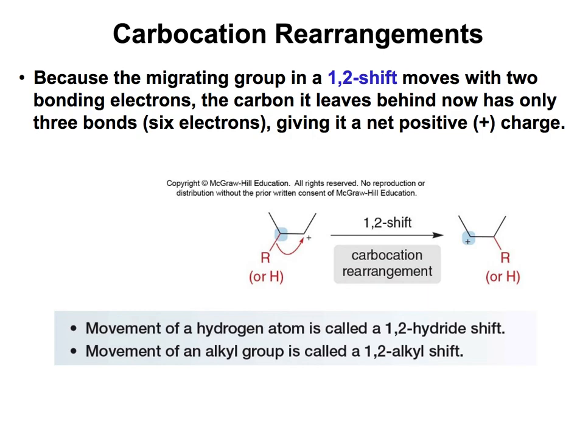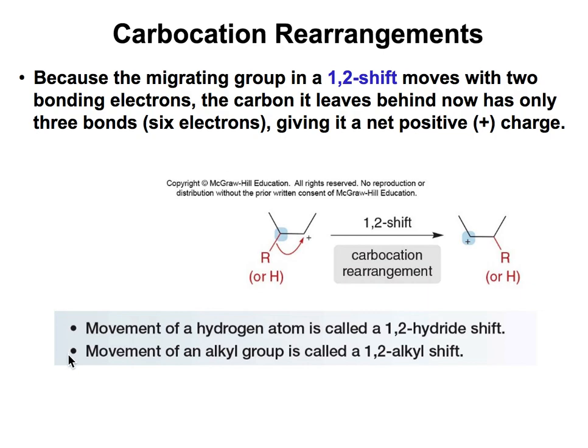So carbocation rearrangements, the same rules apply as they applied for SN1 reactions. If the molecule can move a hydrogen, the molecule will move a hydrogen because it takes less energy to move a small hydrogen.